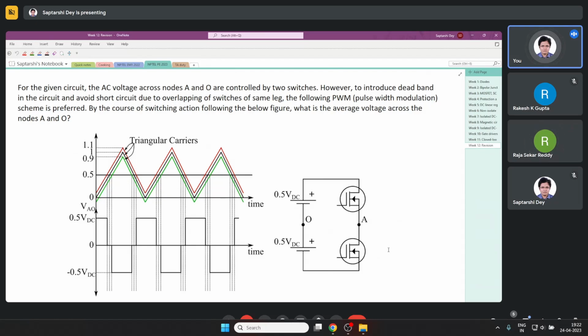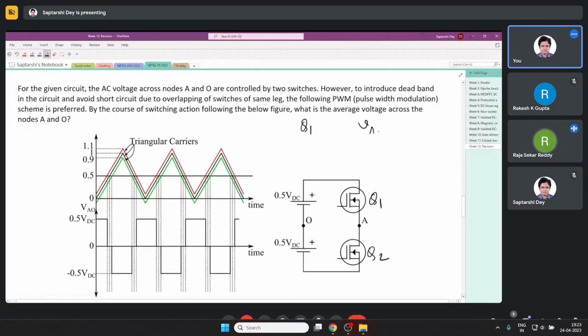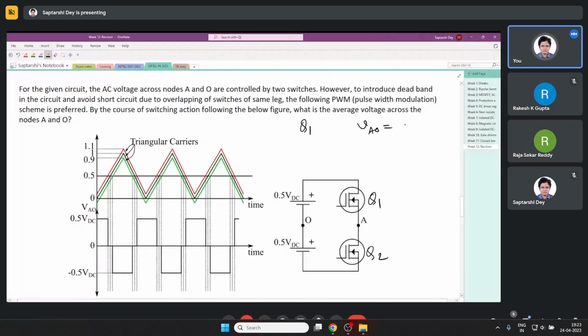So they have given the waveform. So when VAO is given, its average is 0. So basically they have written it in this fashion. Yeah, so when Q1 is closed, the voltage you have is 0.5 VDC.